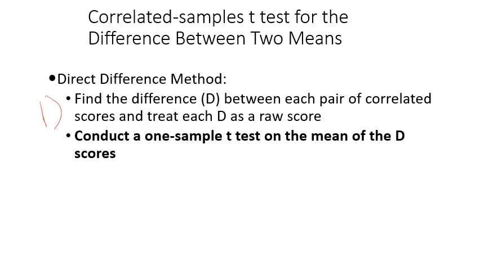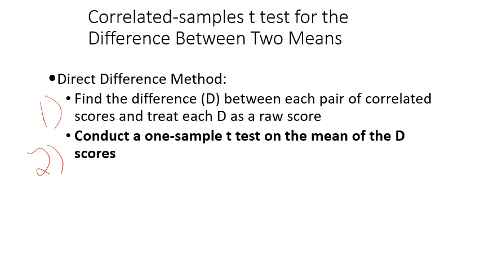So what you get is 10 different scores. You no longer are interested in the individual scores, because now for step 2 you conduct a one sample t-test on the difference scores. I'll come back to that and explain it a little bit more when we get to the actual example, because you can't see it here.